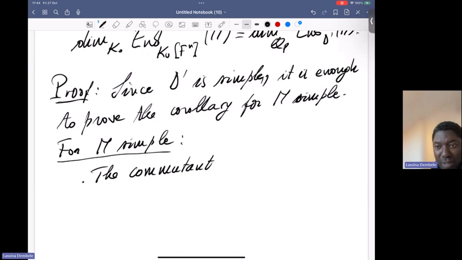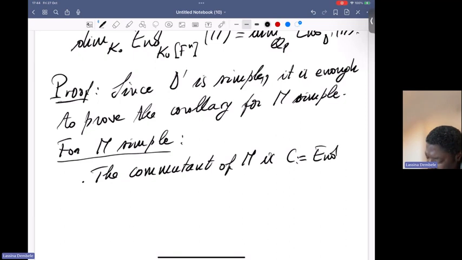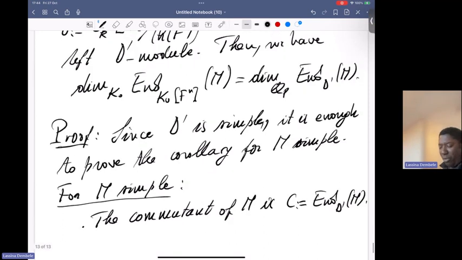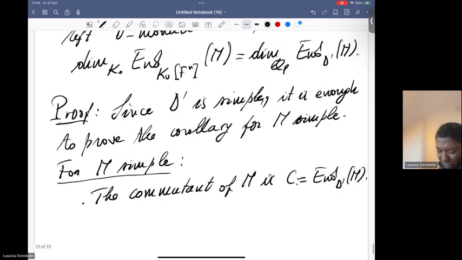So the commutant of M, in this case, would be C. And if you remember, it's exactly the member on the right of the equality that we want to prove, right?